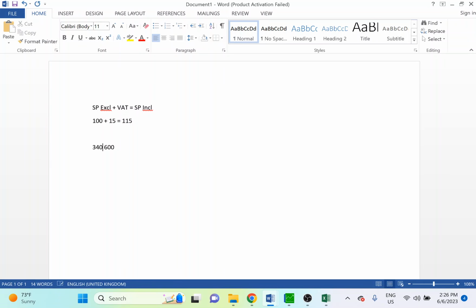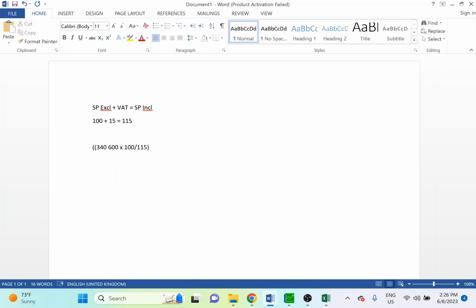Okay, it has to be in double brackets, times, we're going to convert this from selling price inclusive to selling price exclusive. So 340,600 times 100, this is what we want, 100 selling price exclusive, divide by what's given, it's this selling price inclusive, so divide by 115, close brackets.